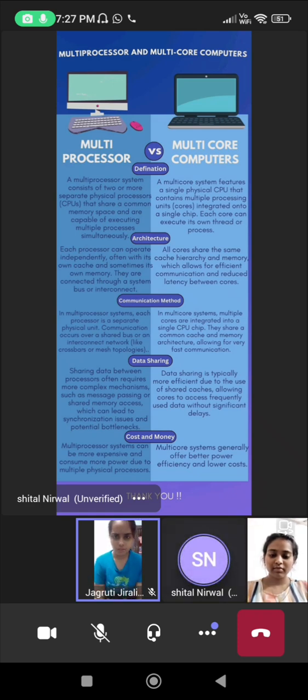The cost associated with multi-core computers encompasses hardware, memory, cooling, power consumption, software maintenance, and potential upgrades. While multi-core systems can be more cost-effective than multiprocessor systems, careful consideration of these costs is essential. Businesses and users should evaluate the performance benefits against the financial implications to make informed purchasing decisions. So, thank you.